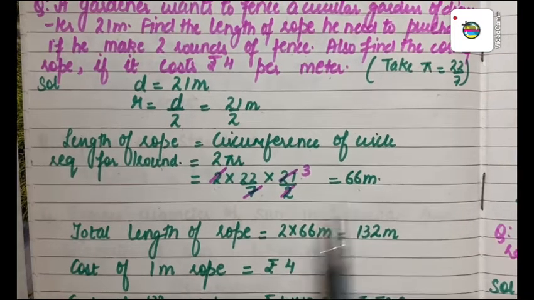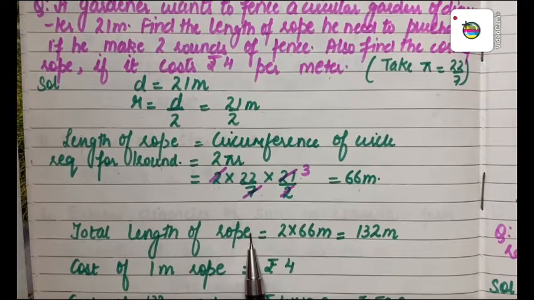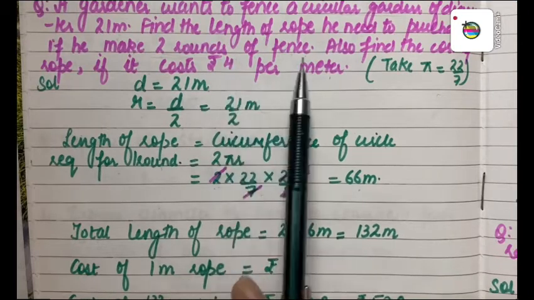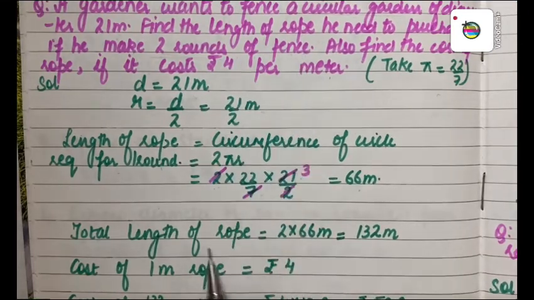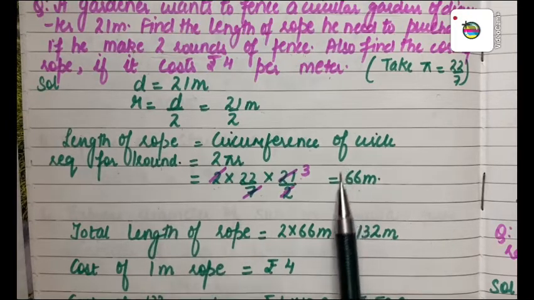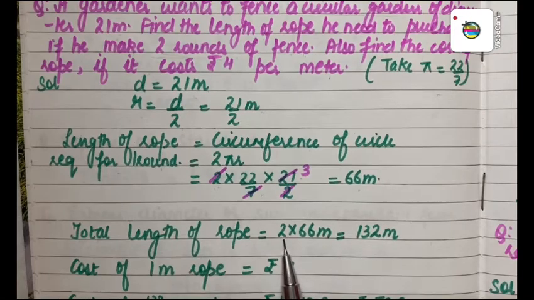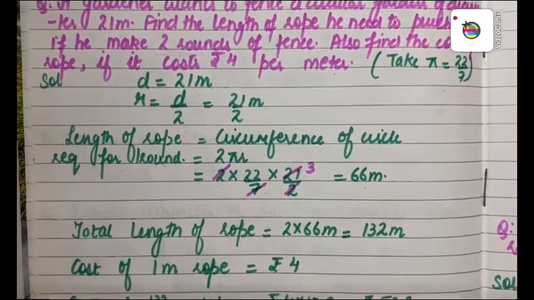Now what is the total length of rope? As you see in the question, we need 2 rounds to fence the garden. So we have to multiply the length of rope required for 1 round by 2. So 2 into 66 meters, that means 132 meters.